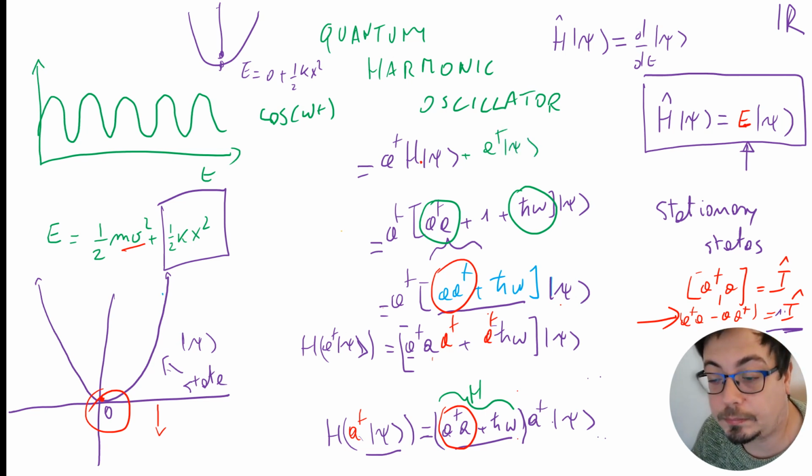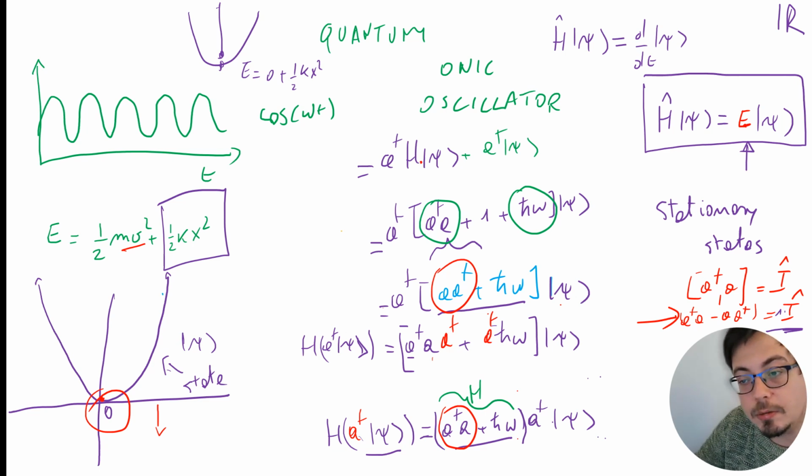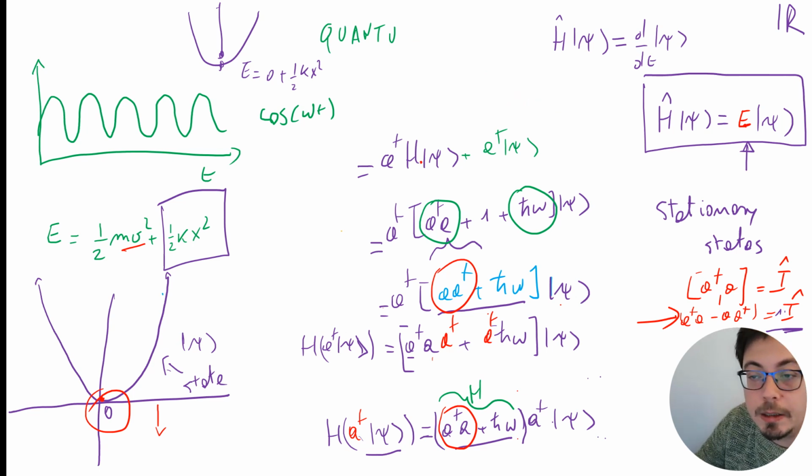Okay, so now we're done, because I can cancel the harmonic oscillator because we know what we're doing. Now we're done, right? Why?